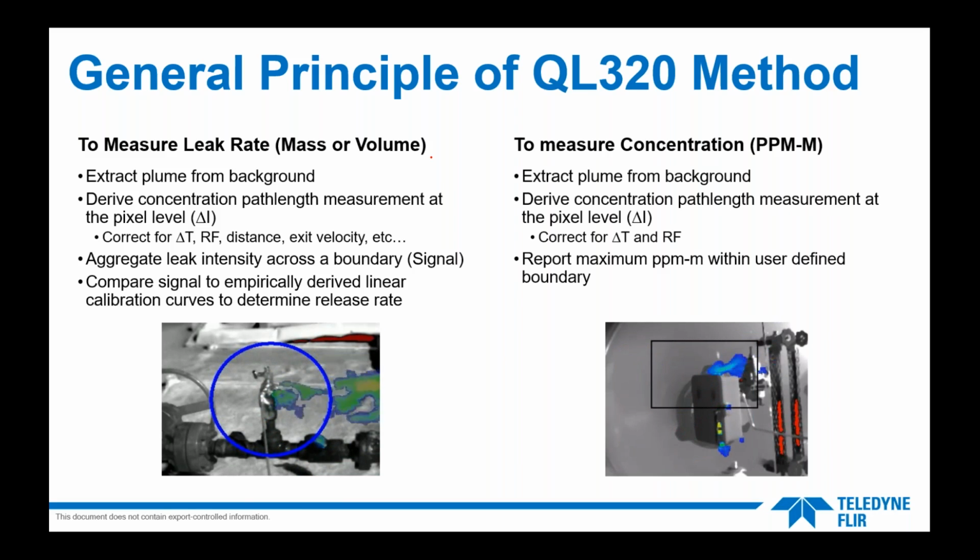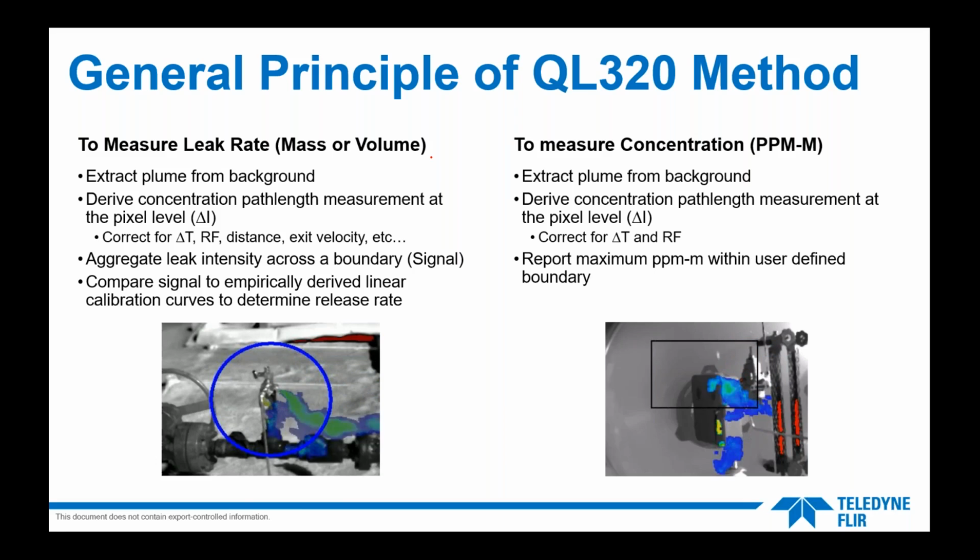The second one is to measure concentration in parts per million per meter. Again, we extract the plume from the background, again derive concentration path length measurement at a pixel level. But in this particular case, you see that we have a square box, an area box. So unlike the mass or volume where the plume is passing through that blue boundary, anything that's contained within the area of the box is being used to make a measurement.